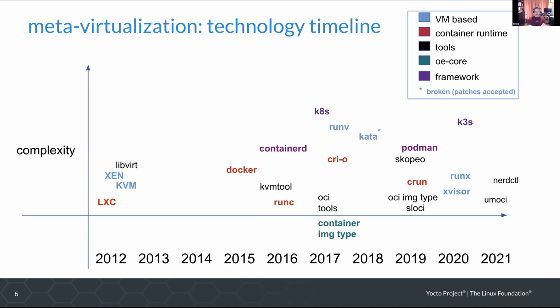And nerdctl, which is a better way to interact with containerd, and it is showing how badly we need fixes to the Go fetcher because I have 42 git fetches in the recipe to avoid Go mod fetching during the build phase, but that's a completely different talk.